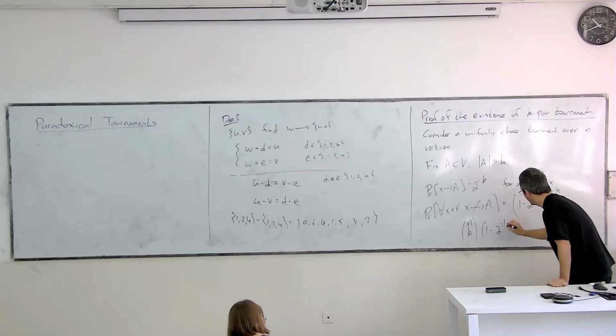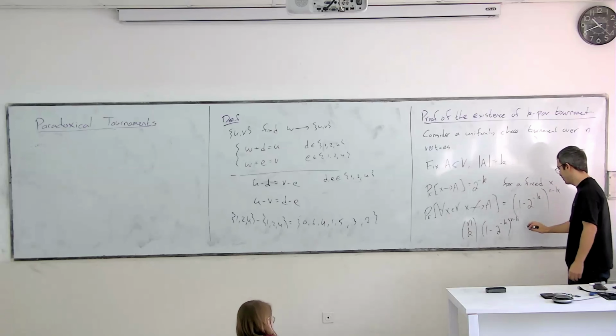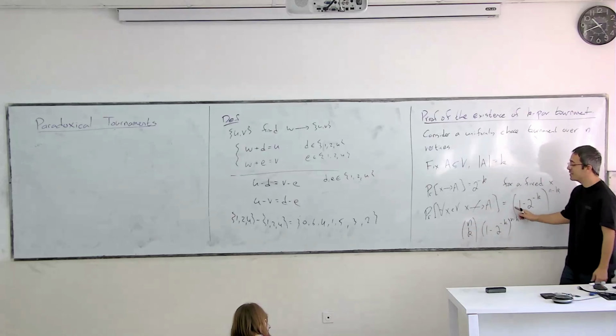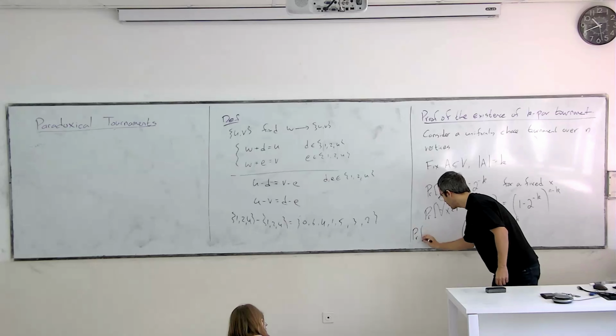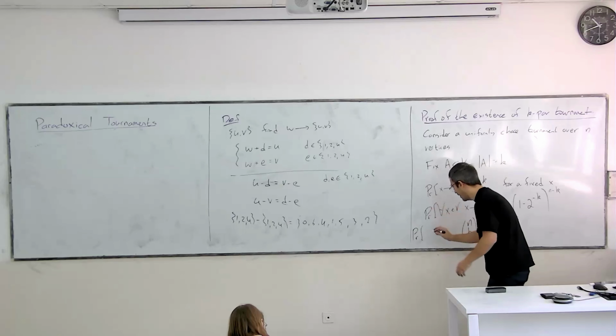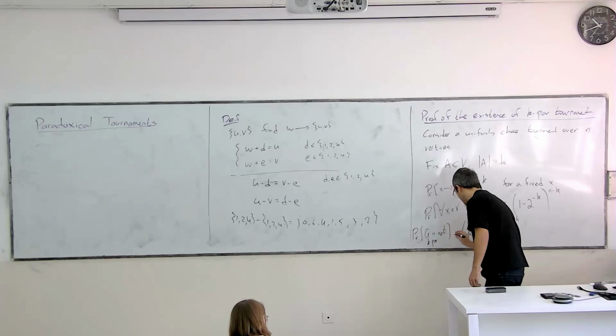If I multiply this by the probability that a specific A fails, that bounds the probability that the graph is not a k-paradoxical tournament. So the probability that the sampled G is not paradoxical is bounded by that. And the key point is, what do I want from that quantity?